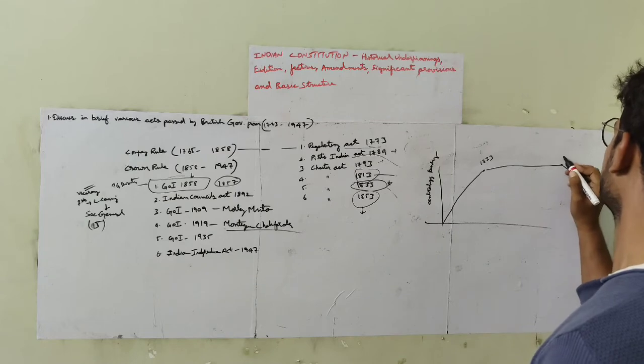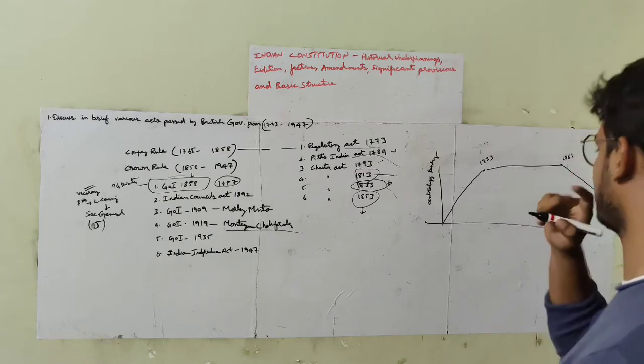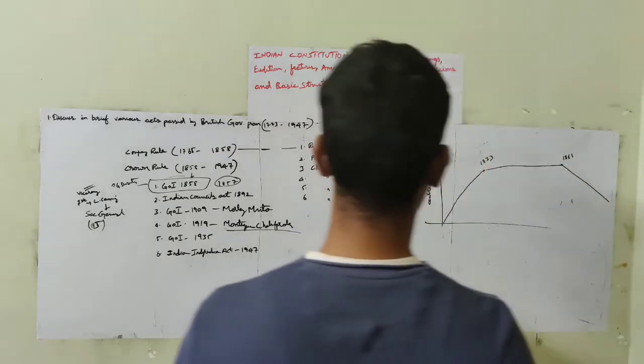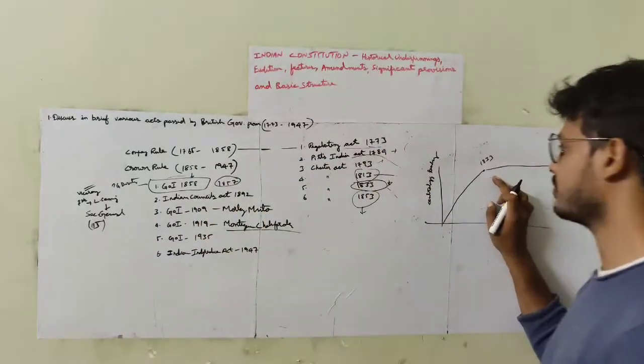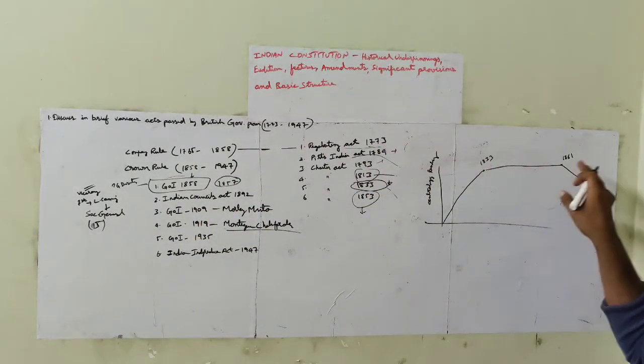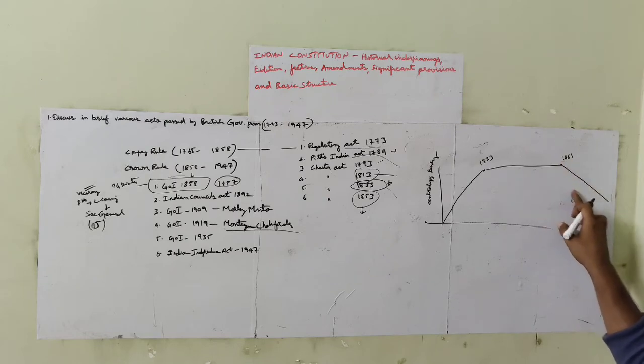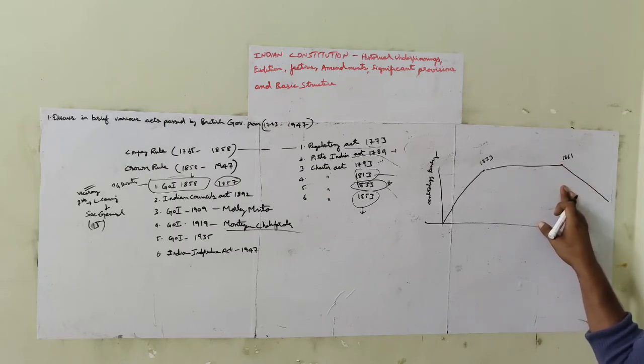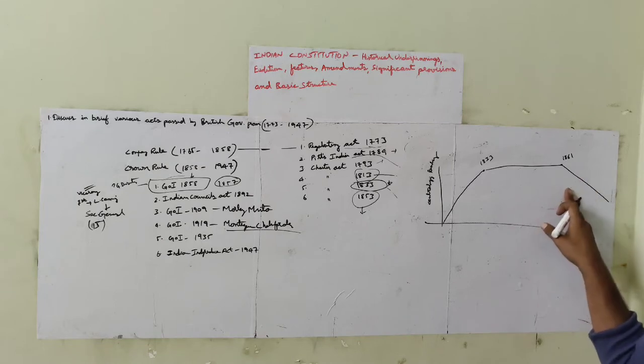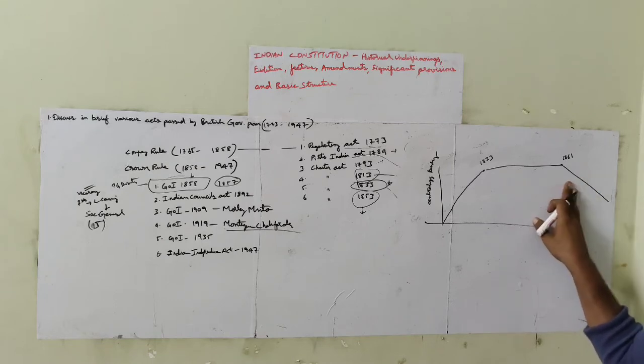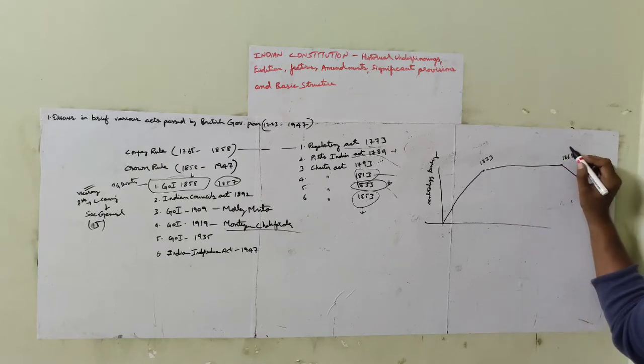This was 1861. Okay, so the zenith of centralization was between 1833 and 1861. From 1861, it started decentralizing. So it felt that decentralizing of the powers, the portfolio system, is very necessary in order to maintain the administration. They realized that in the 1861 Government of India Act.